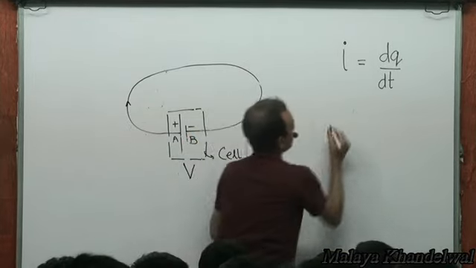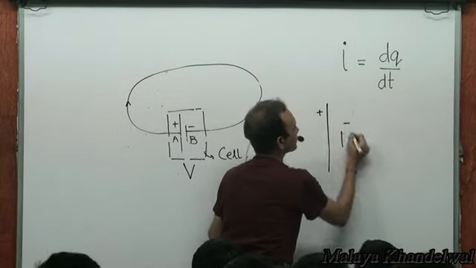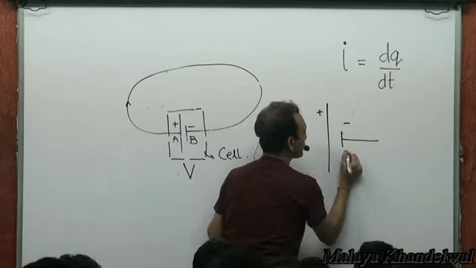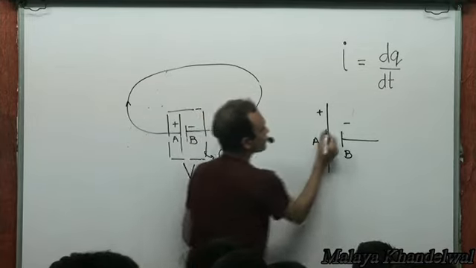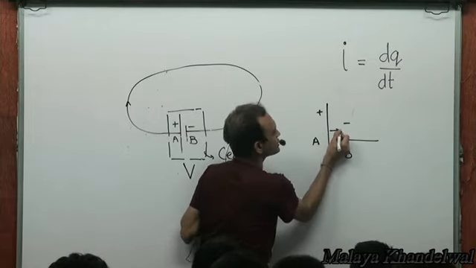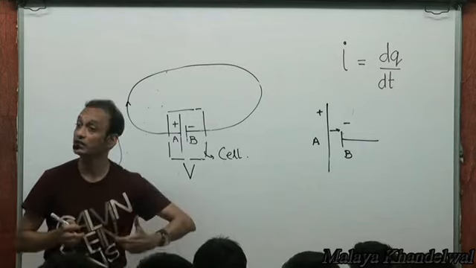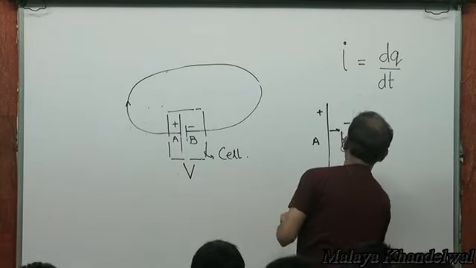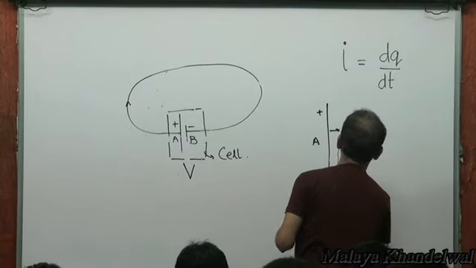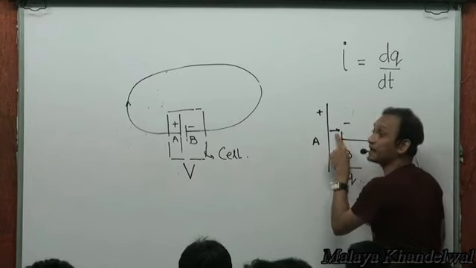When that positive charge arrives at B, this mechanism produces an electric field in this direction, from positive terminal to negative terminal. Now, in order that the positive charge could move from B to A, there would have to be some work done against this electric field.